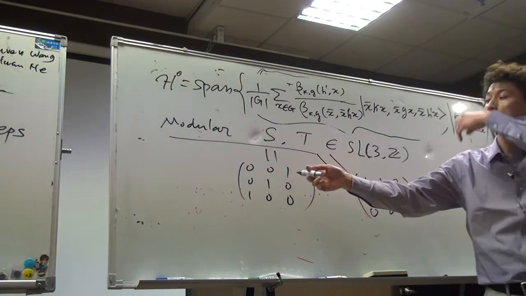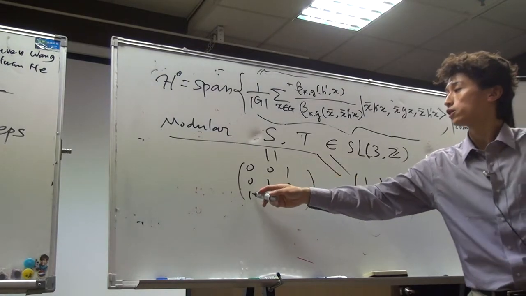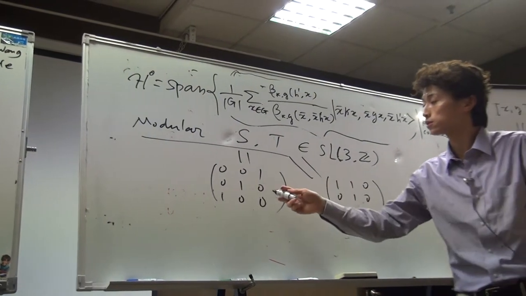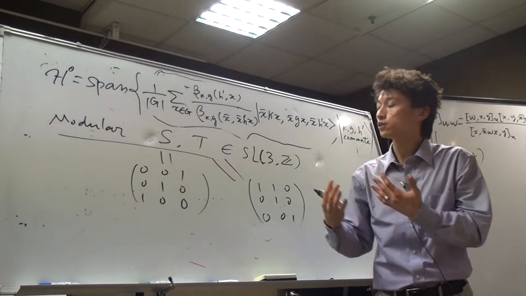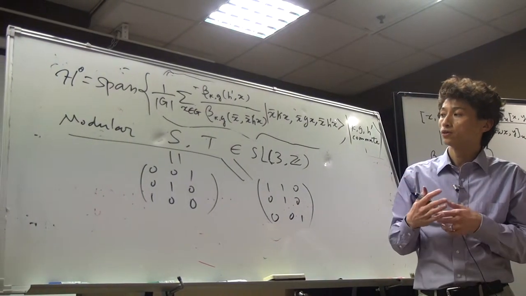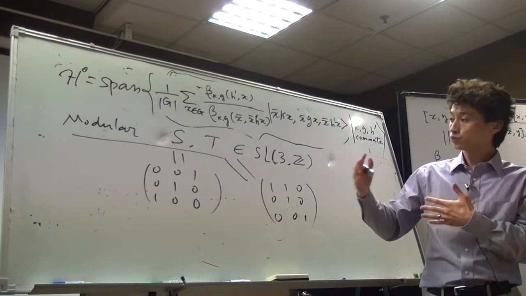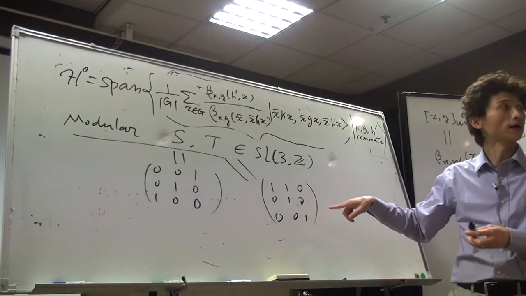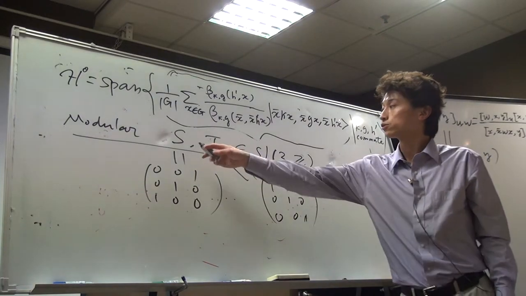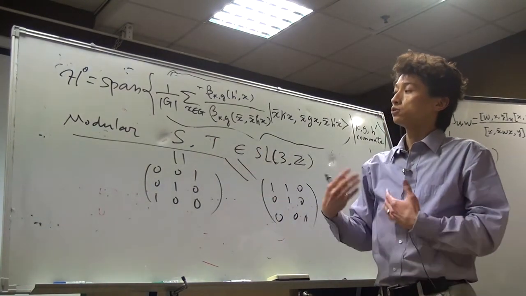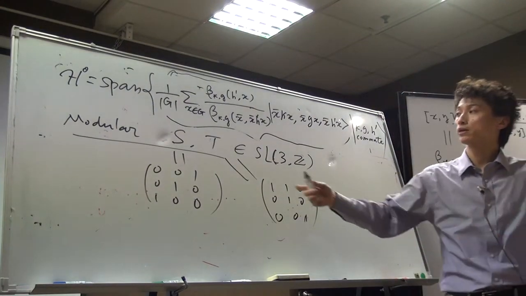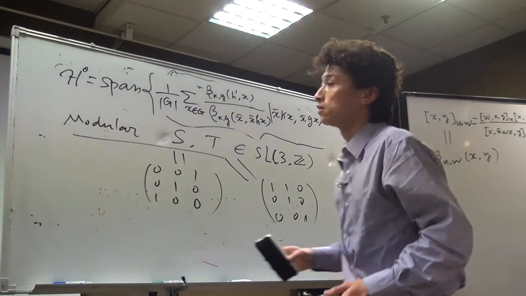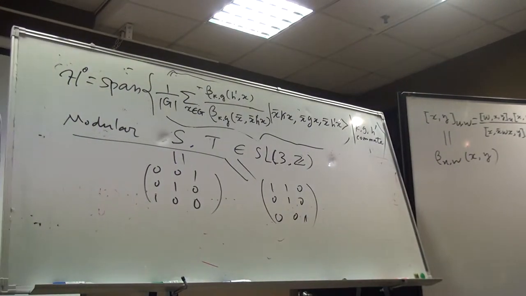You can choose different generators of the SL(3,Z) group. This choice is good for future application to dimensionally reduce the model to two dimensions by compactifying the Z direction. This is why we left the Z dimension out. And then you can also use these 3-dimensional modular S and T matrices to generate the pure 2-dimensional S matrix. I won't do it here, but I can tell you the results.